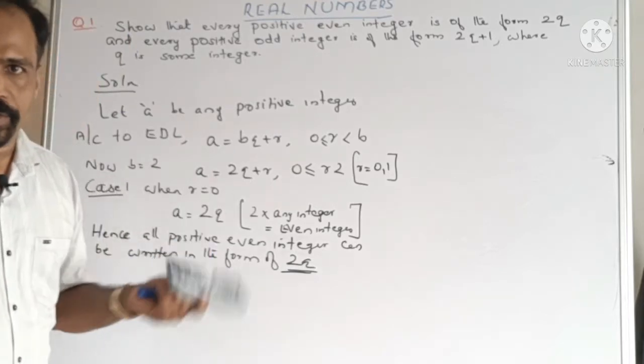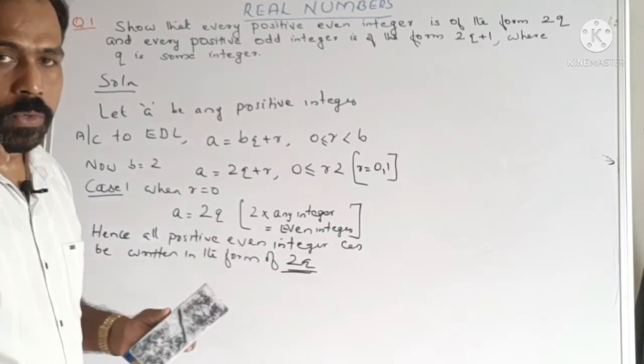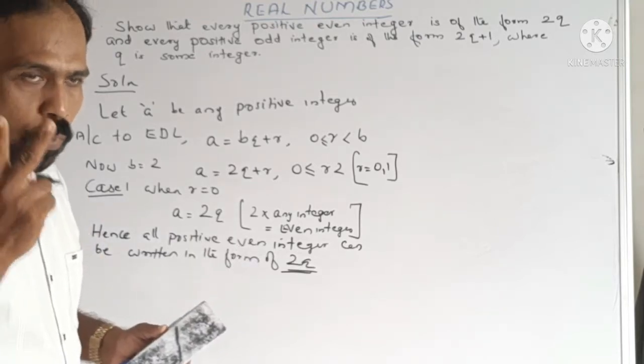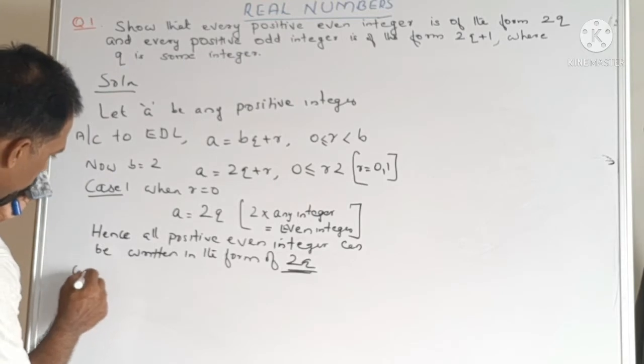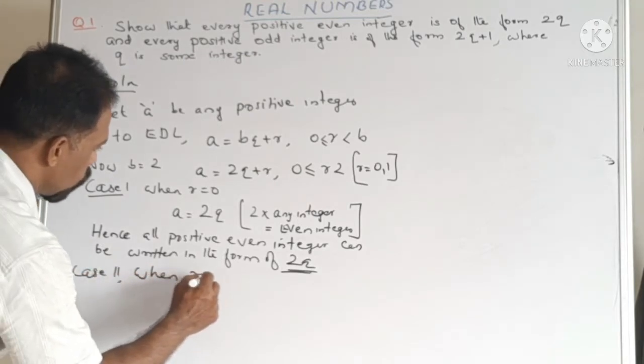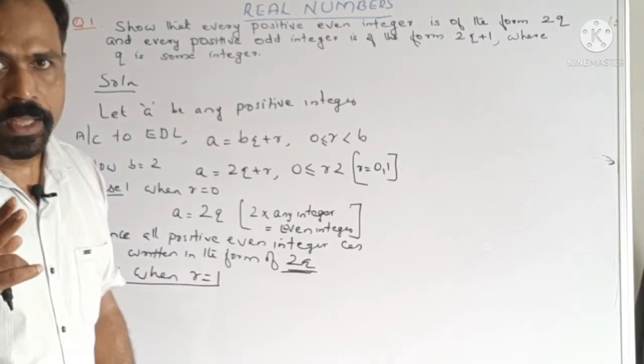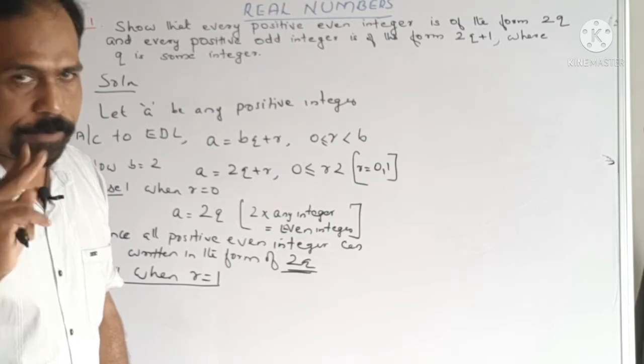Now, which is case 2? Case 2 is when r is equal to 1. This is our case because there are only two cases: either it can be 0 or it can be 1.